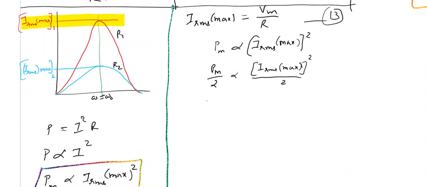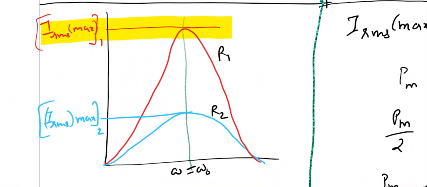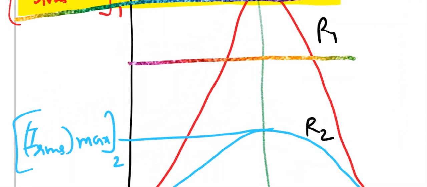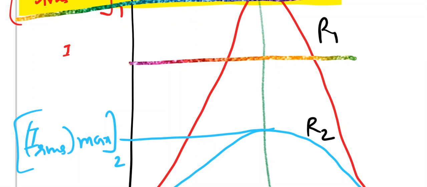It means that when power becomes half, the current must be IRMS max by root 2. So this is the maximum current value, and then somewhere here I must have IRMS max by root 2.